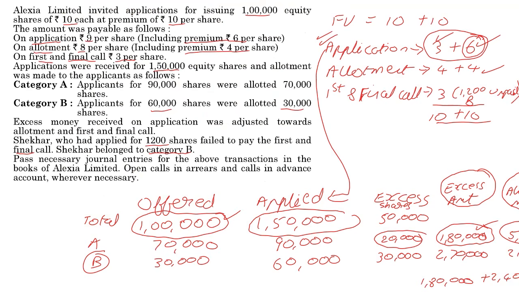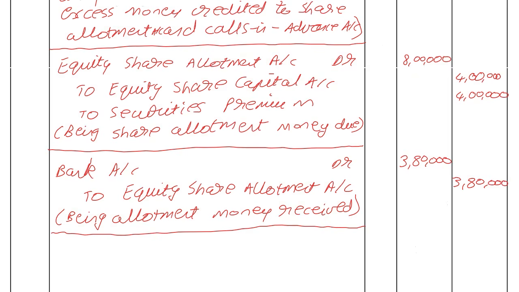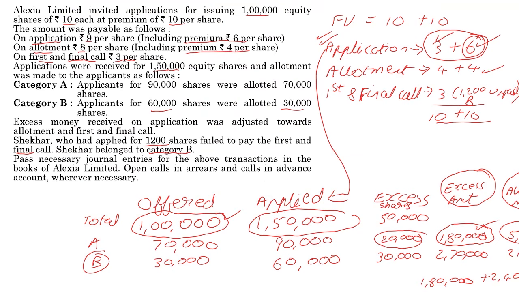Next, we have to deal with first and final call. And keep in mind that for the first and final call, unlike share allotment, where we had an element of premium and had to deal with securities premium, if you look at first and final call, at least at the time of receipt, we have to deal with the headache of unpaid money.